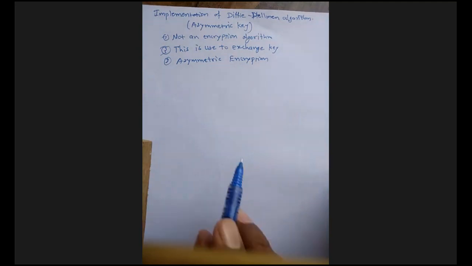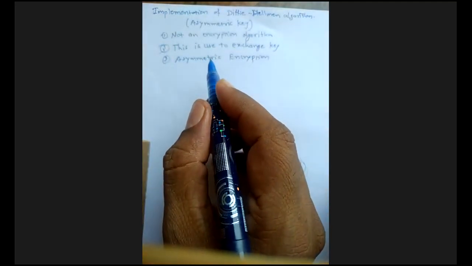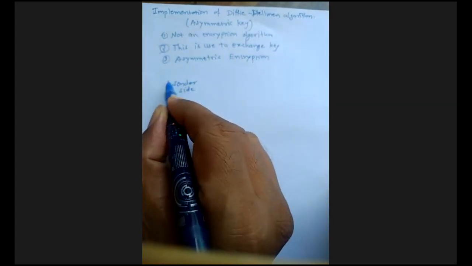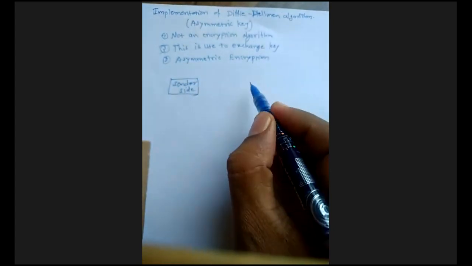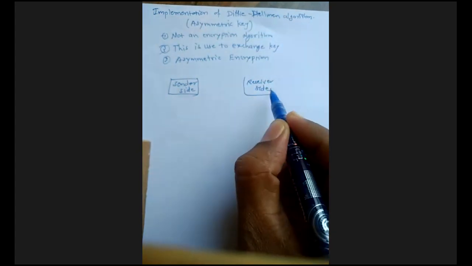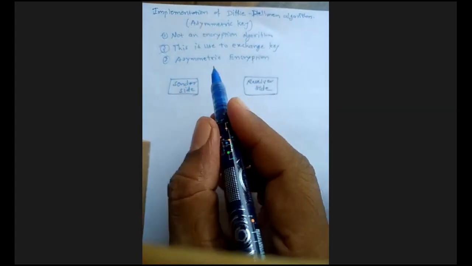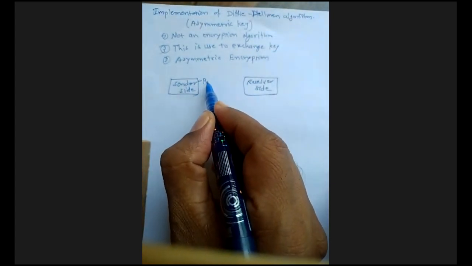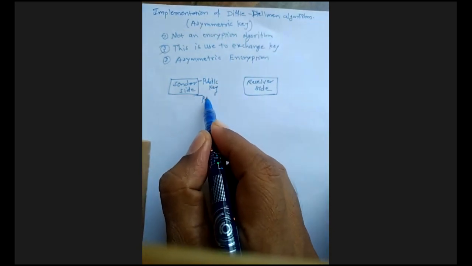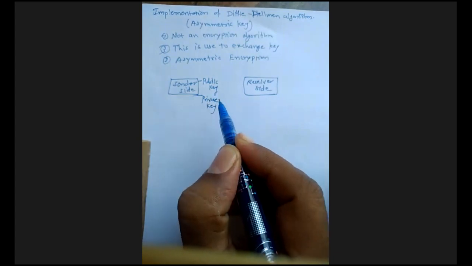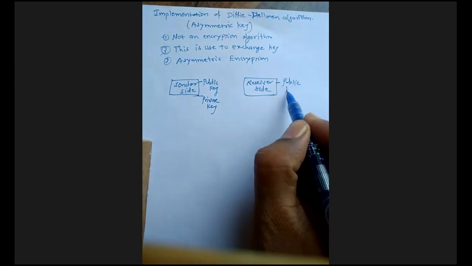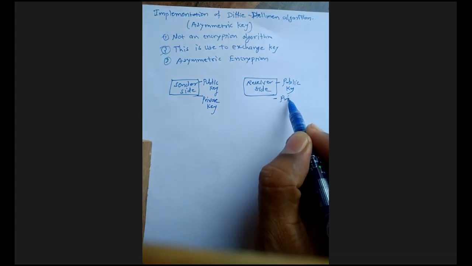See, here we can produce the keys from the sender side. So this is my sender side, and this is my receiver side. Here I can produce the keys, public key and private key. Here again, public key and then private key.